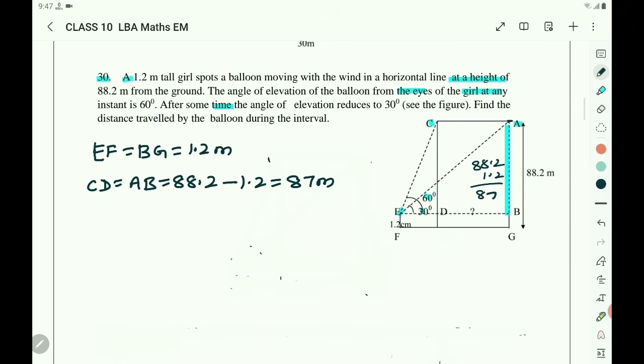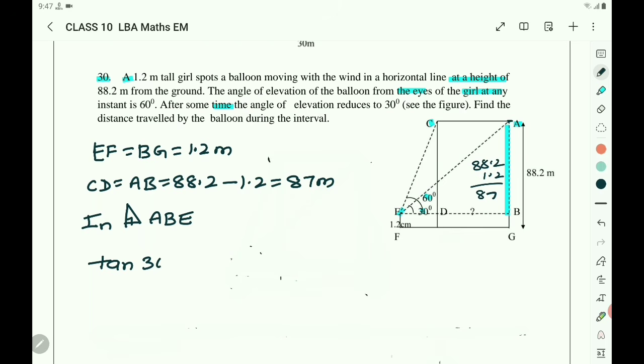Next, take the right angle triangle ABE. For 30 degree, AB is the opposite side and EB is the adjacent side, right? Which trigonometric ratio? Tan.